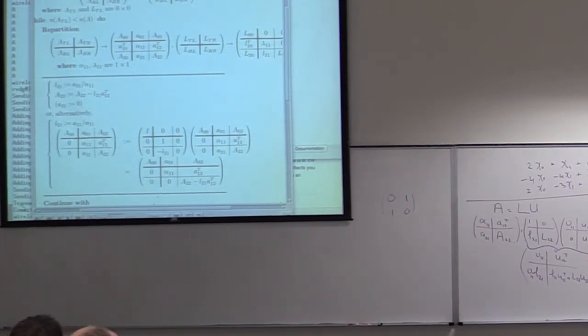You might say, but wait a minute, if we store L and U both over A, then we are storing two diagonals, one for L and one for U. But notice that we know that L has 1s on the diagonal, and therefore we don't actually have to store those. So everything's cool. But here's the algorithm, okay?